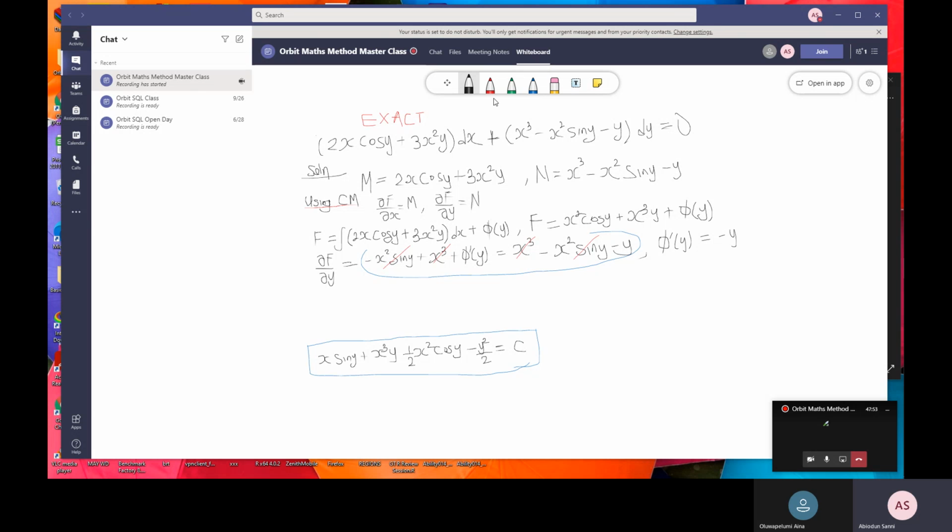Integral of this with respect to y. So that phi of y will now be integral of minus y dy, which is equal to what? Minus y squared over 2 plus c.